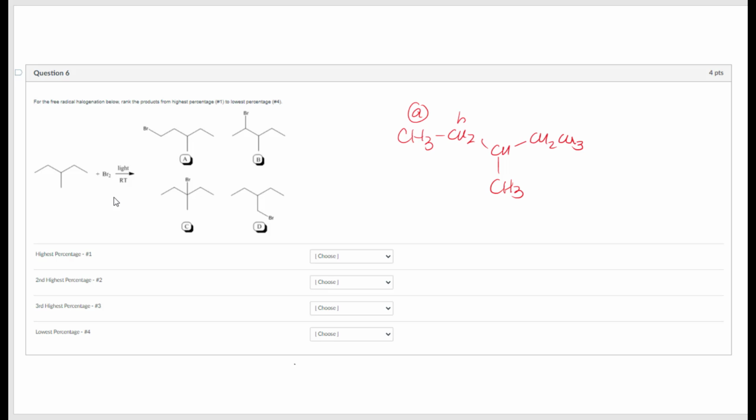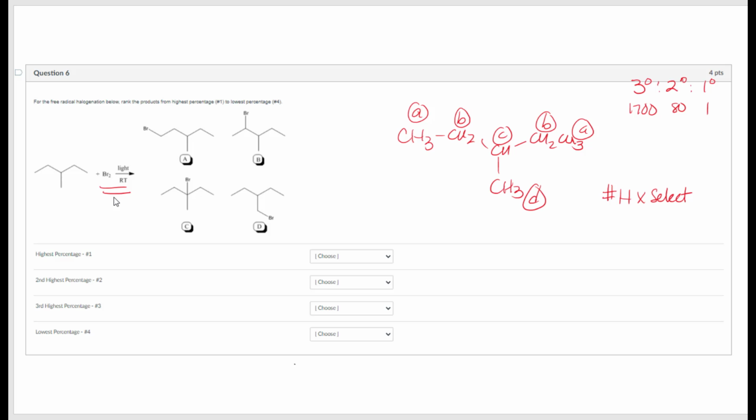So A and B and C, and then, of course, B and A, and then the product that leads to product D. But in this case, for bromination at room temperature, the selectivities of tertiary to secondary to primary is 1700 to 80 to 1. And so now I'm again going to take the number of hydrogens times the selectivity, and that's going to give me the number.